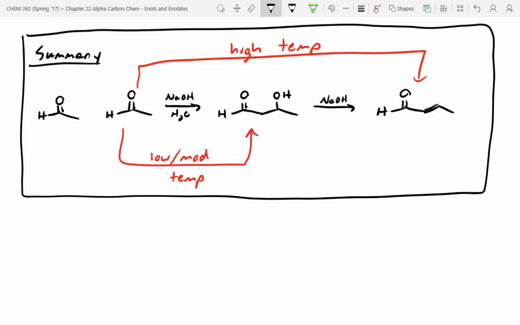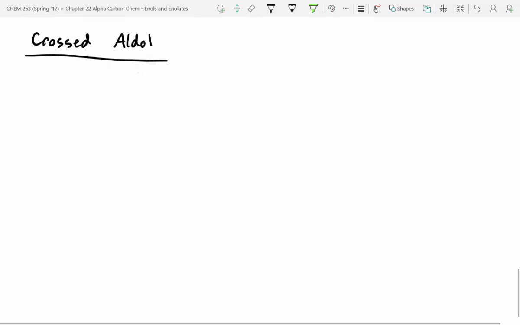All right, so let's look at something called a crossed aldol. And a crossed aldol is kind of a pain, and I'll show you why. Let's say I've got this aldehyde in red and this aldehyde in blue.